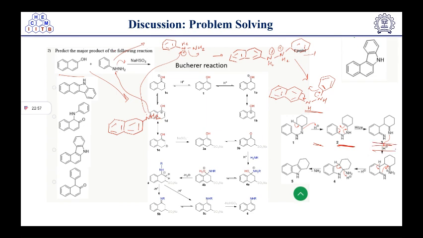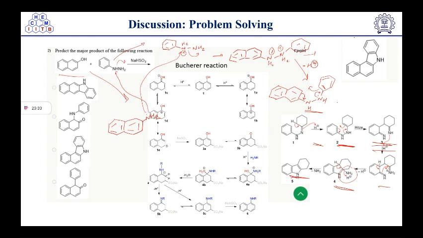Again, the protonation will take place because deprotonation happened in earlier steps. Then aromatization will take place to form the corresponding 5-member ring. Then this 5-member ring will again undergo a deprotonation elimination reaction where this NH2 will get eliminated to give the corresponding 5-member ring.